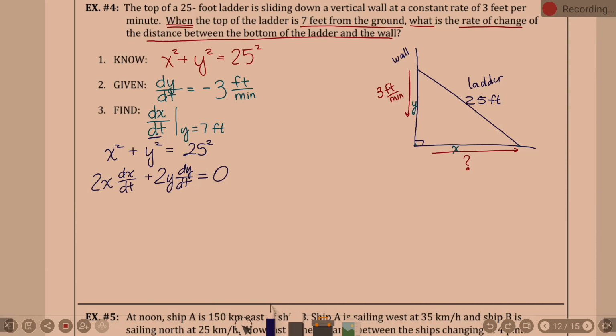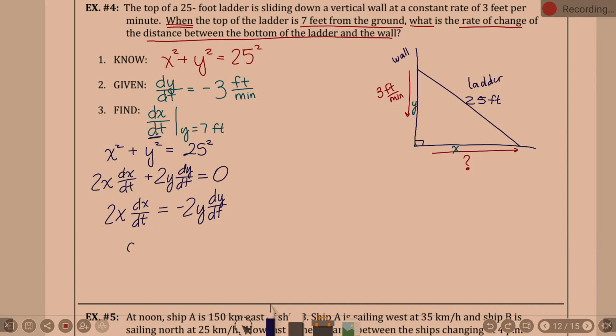I'm going to keep 2x dx/dt and subtract over 2y dy/dt. How do I solve for dx/dt? Divide by 2x.